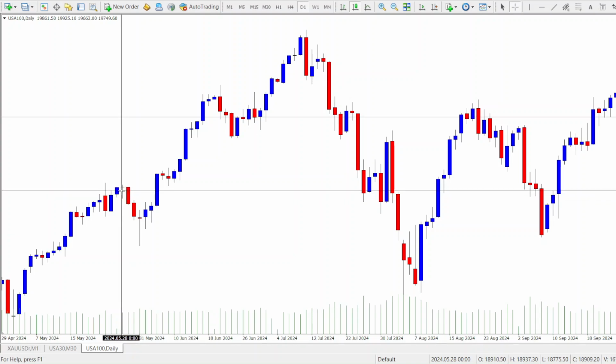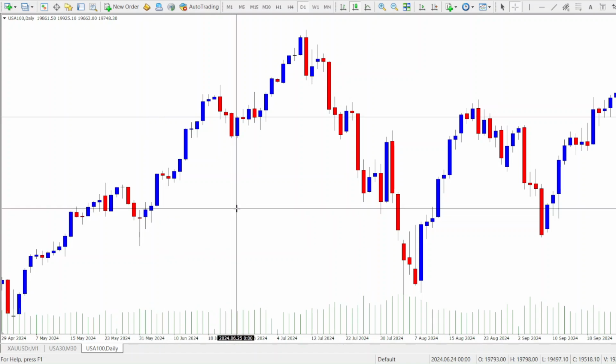So a key point to note is whenever you see a doji, the price could either reverse or continue in the direction of the trend. However, it is usually advisable to wait for the continuation in the direction of the trend or a reversal against the trend before you open your position or take a trade.